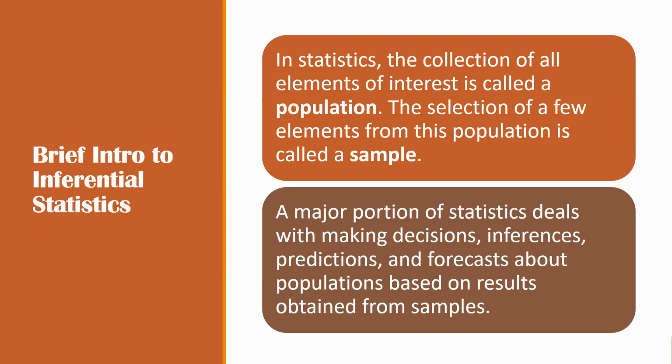How about inferential statistics? In statistics, the collection of all elements of interest is called a population. And the selection of a few elements from this population is called a sample. A major portion of statistics deals with making decisions, inferences, predictions, and forecasts about populations based on results obtained from samples.